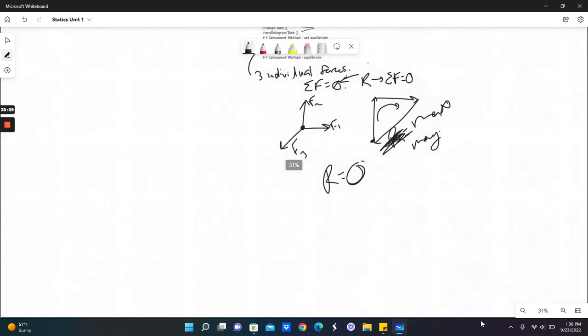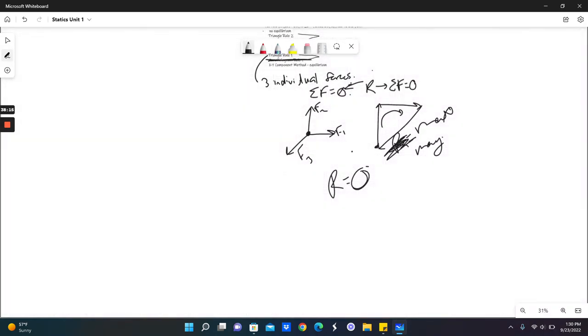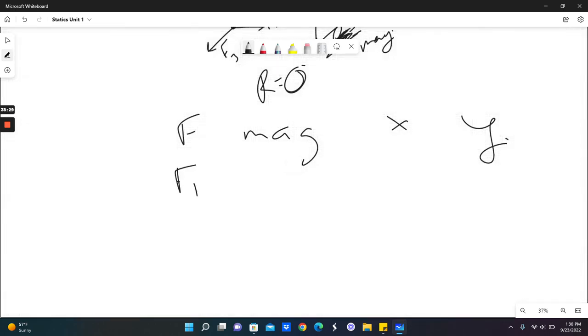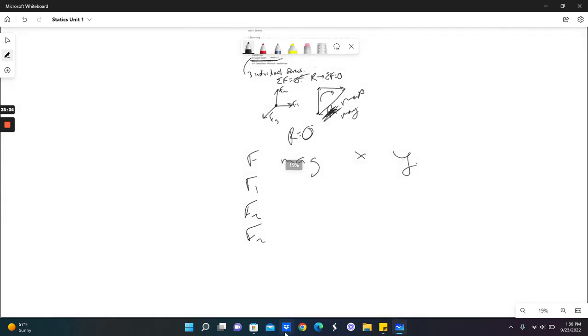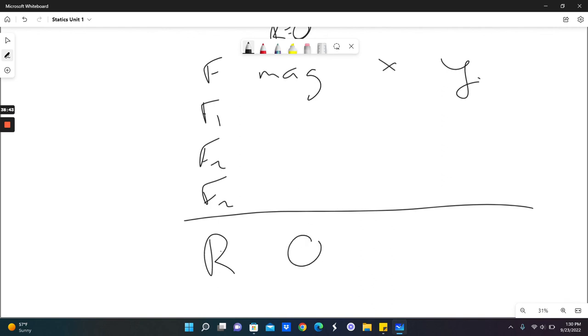The only difference for equilibrium, for the XY component method, is that after you have your table with your force, your magnitude, your X element, and your Y element, so let's say we filled this up with our F1, F2, F3, usually in these cases there's going to be something missing from your chart. But you're going to know that they equal a resultant force with a 0 magnitude, a 0 X element, and a 0 Y element, which gives us two equations to work with.